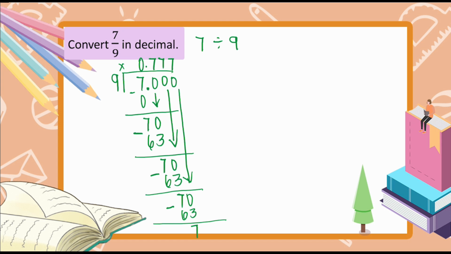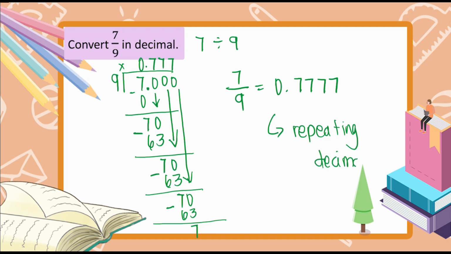Therefore, 7 over 9 is equal to 0.7777. Paulit-ulit na yan. So, this is what we call a repeating decimal.